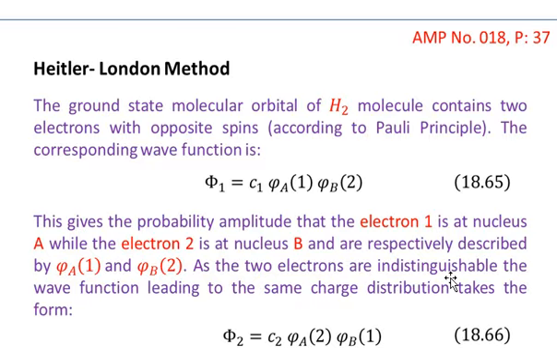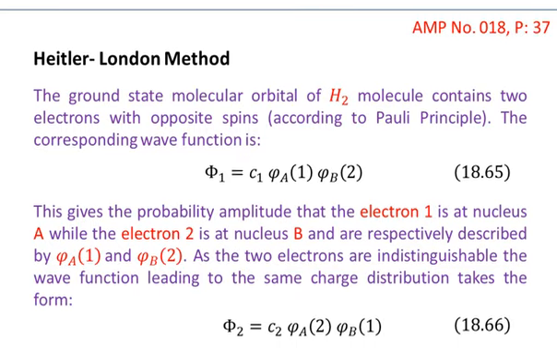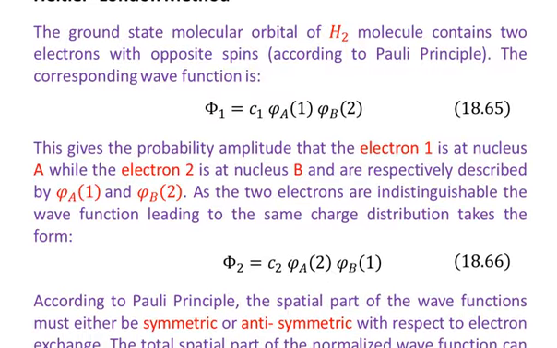As the two electrons are indistinguishable, the wave function leading to the same charge distribution takes the form phi 2 is equal to C2 times phi A of 2 and phi B of 1, where particle 2 is with atomic function A and particle 1 is with wave function B. So you see that both are possibilities.